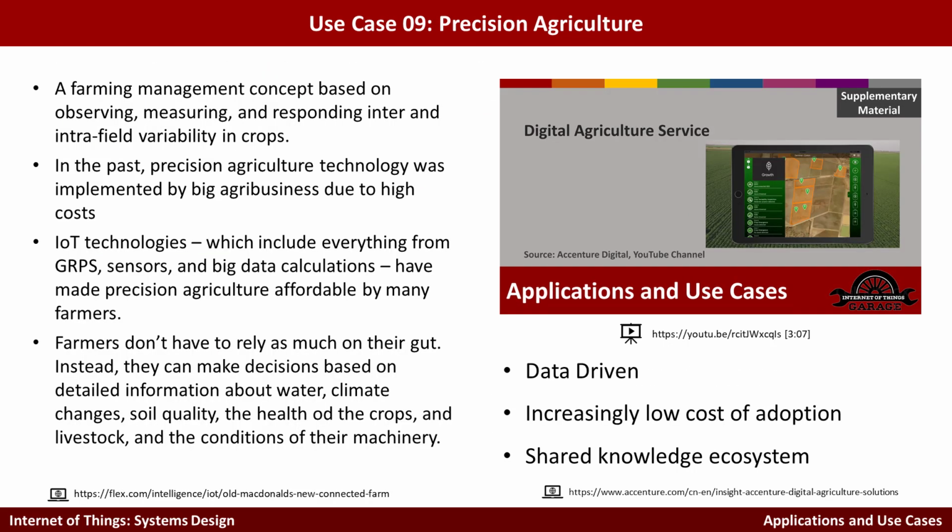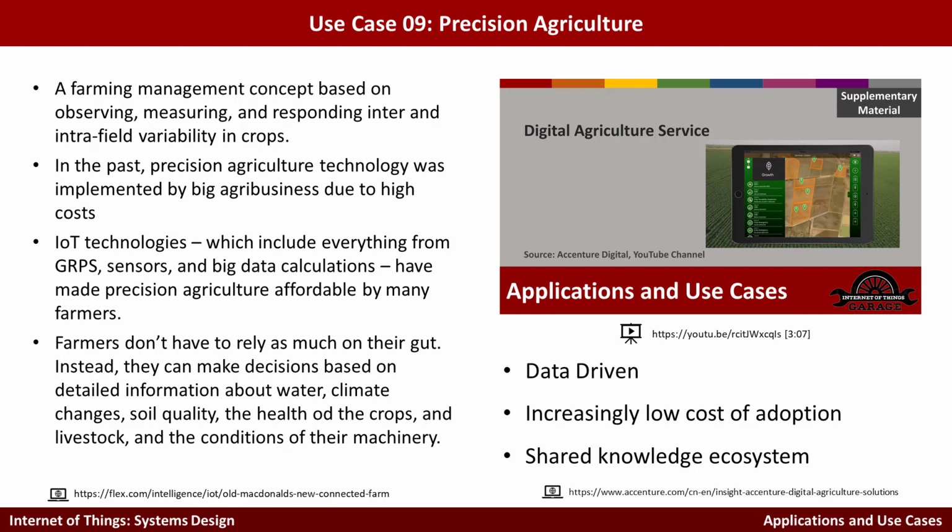Precision agriculture is a variant of agriculture where the approach is to manage the farm using information technology. It closely monitors the field, collects a lot of data, and then makes decisions based on the data. Previously, precision agriculture technology was implemented by large agricultural businesses because the upfront investment was larger, because in order to make decisions, you need to deploy a reasonable number of sensors and actuators within the field.